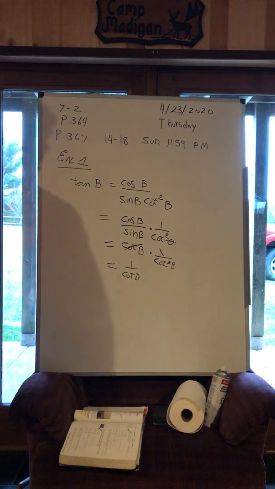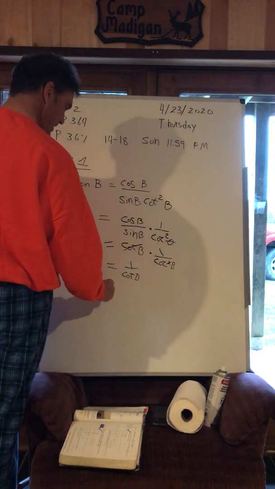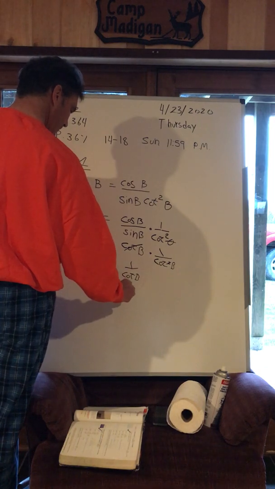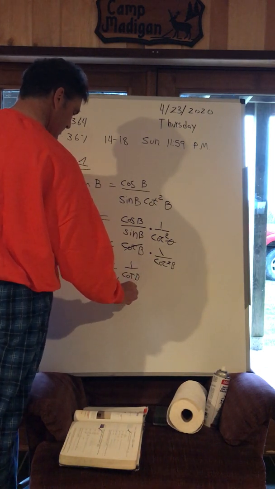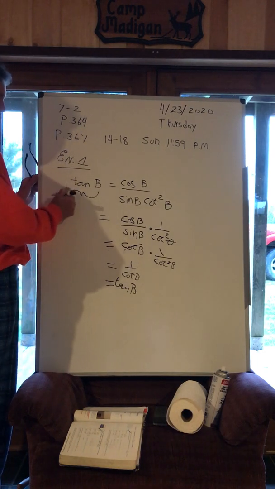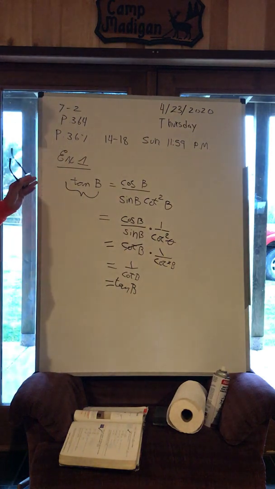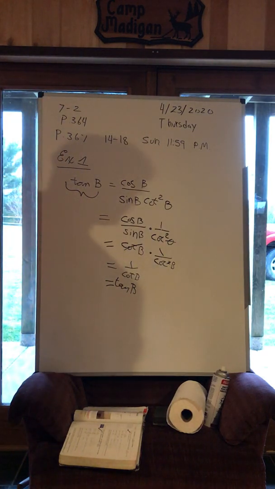And of course, I know the cotangent of beta is 1 over the tangent. 1 over the cotangent of beta equals the tangent of beta. So, on my left here, I have the tangent of beta, and it really equals what's on the right. This is called verifying trig identities.